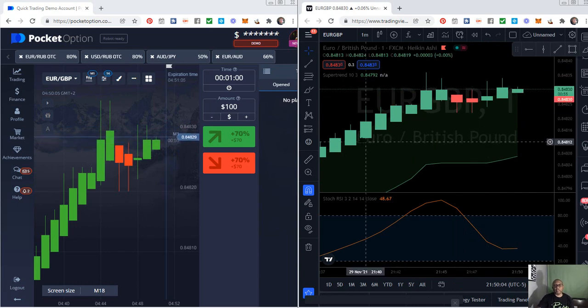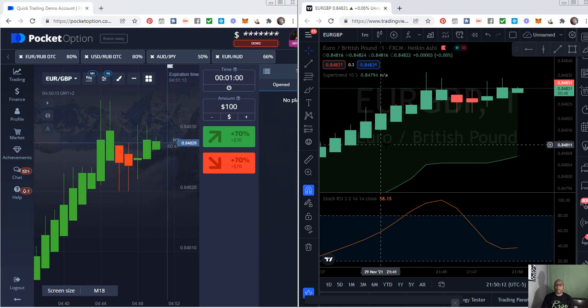Pretty much you're using TradingView, which pretty much everybody uses to trade Forex. But I was thinking one day, based on how the market moves and what you're really looking for in binary, I started trying some things out, utilizing TradingView for binary, and had some really, really good results.